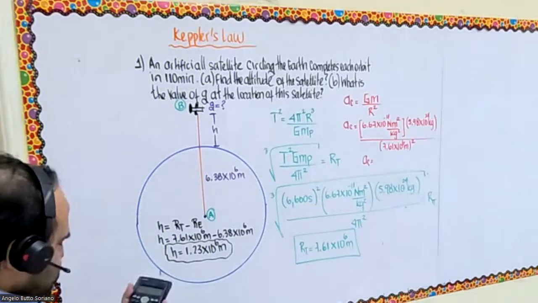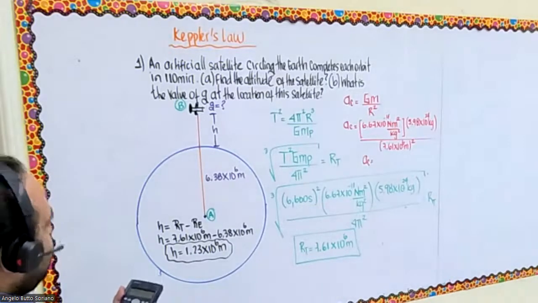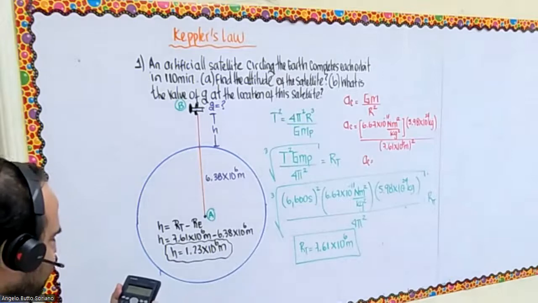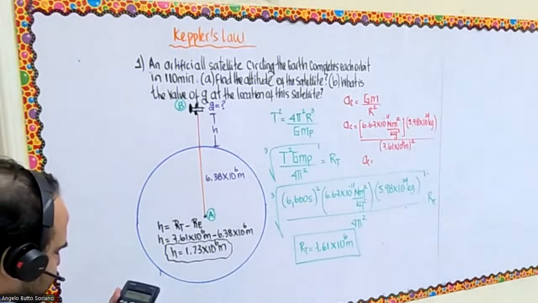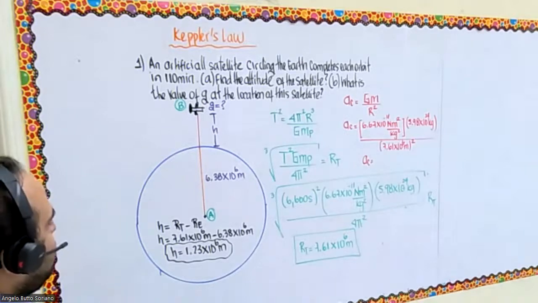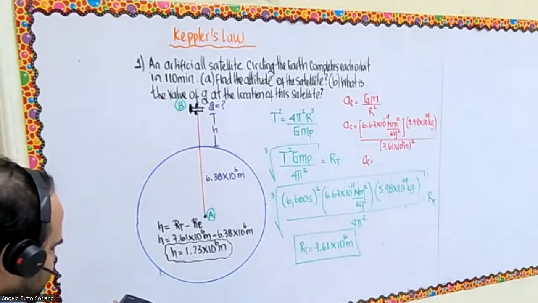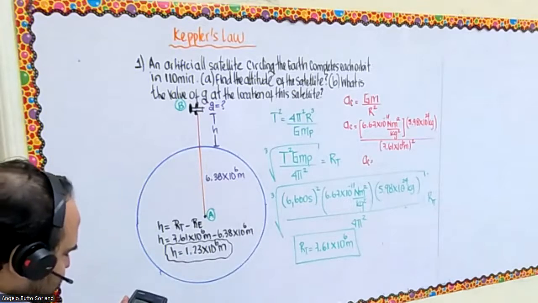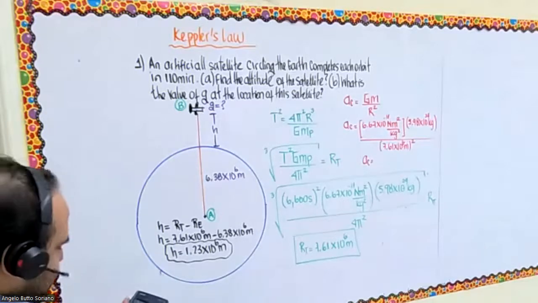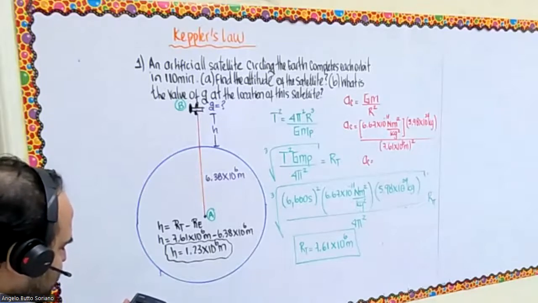So 6.67 times 10 to the negative 11 multiplying by 5.98 times 10 to the 24th power divided by 7.61 times 10 to the 6th power squared.